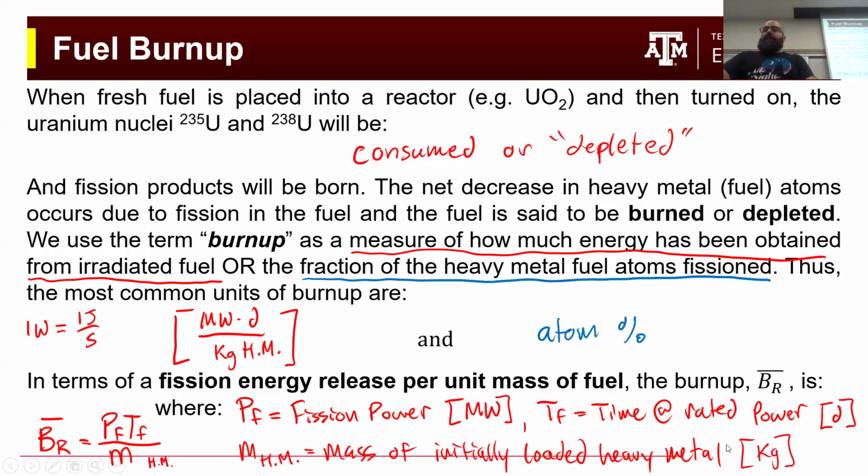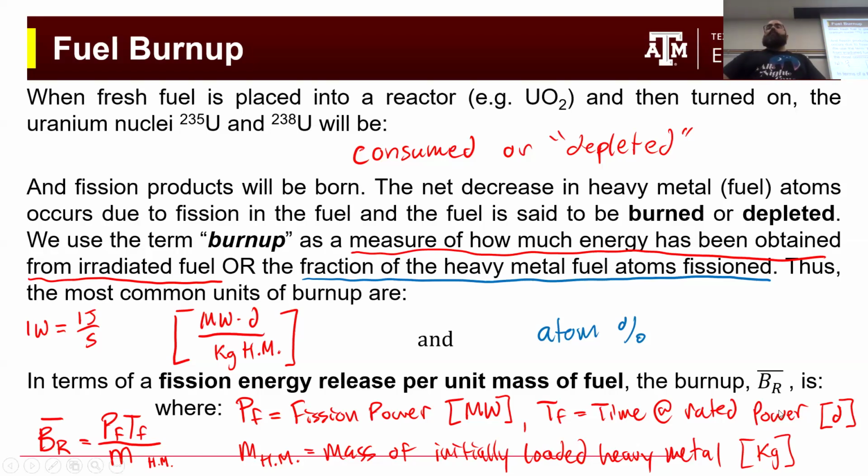So TF is defined in a particular way because the time at rated power is different than the chronological time. If you have a reactor and you're turning it on, there's a startup procedure. It might take you a couple of days to go from cold power to hot full power.